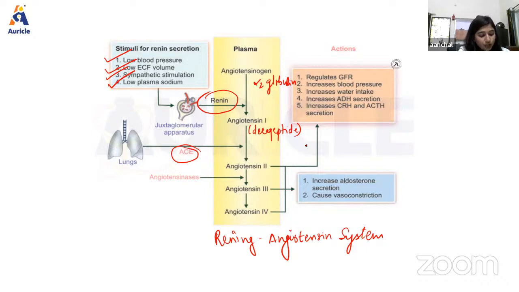So this angiotensin 2 is an octapeptide. Okay. So basically, most of the conversion of angiotensin 1 to angiotensin 2 takes place inside lungs with the help of this enzyme, ACE.